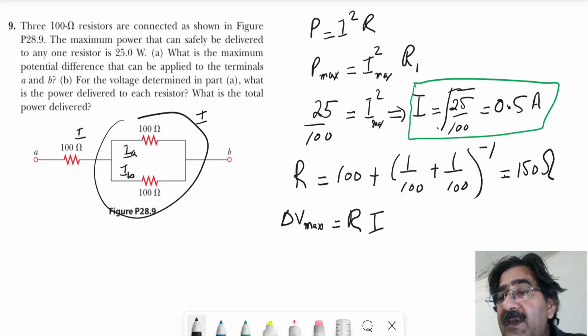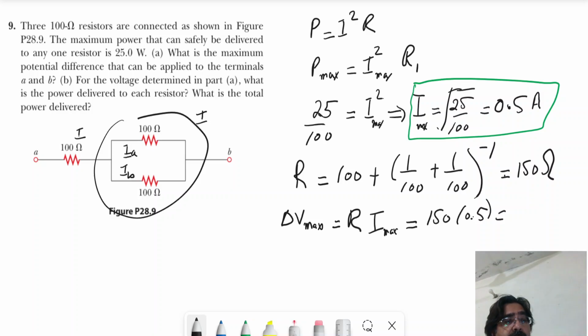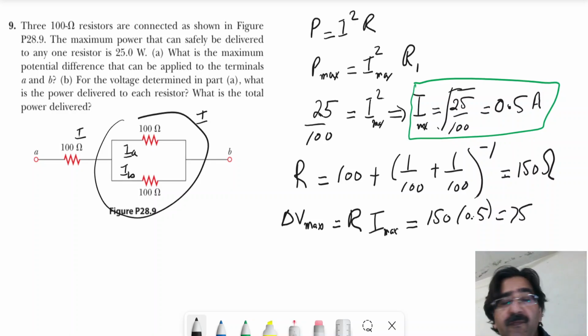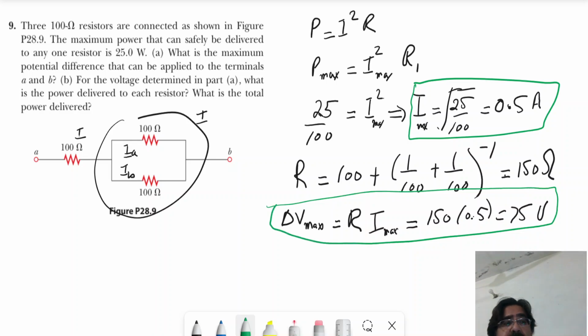The resistance is 150 and the maximum current is 0.5, so that becomes 75 volts. That will be the maximum voltage.